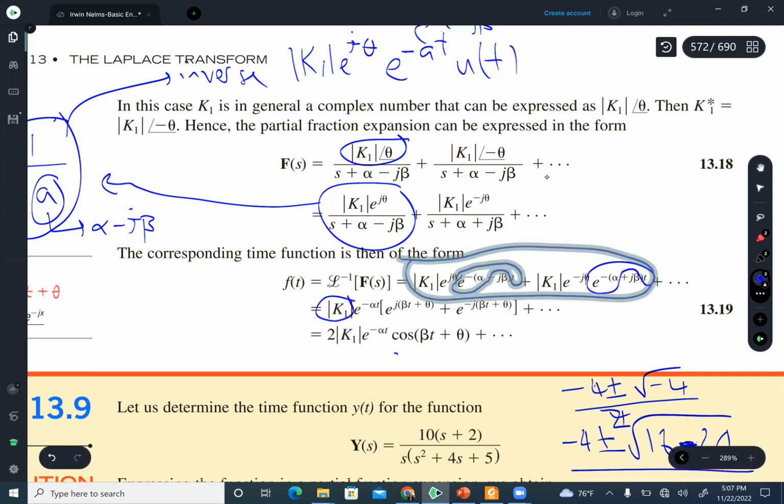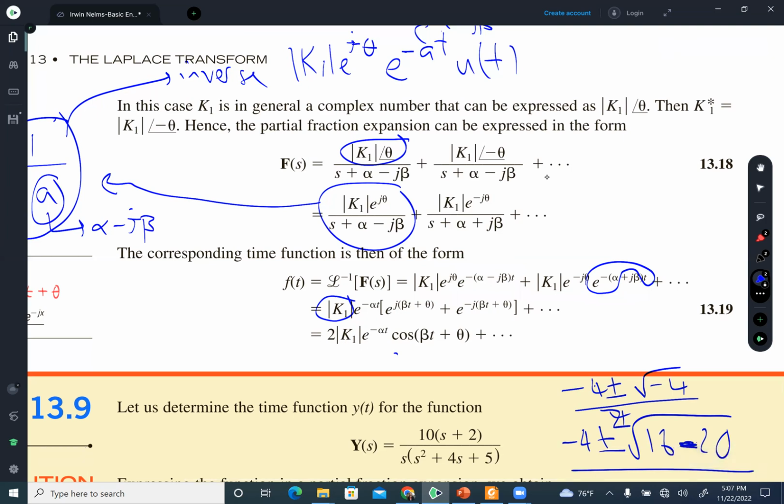And then you have a sum of two complex exponentials. Once you pull out the alpha, you combine all the terms that have the j in the exponents, right? So if you take this guy and combine it with that guy, that's going to give you this one.